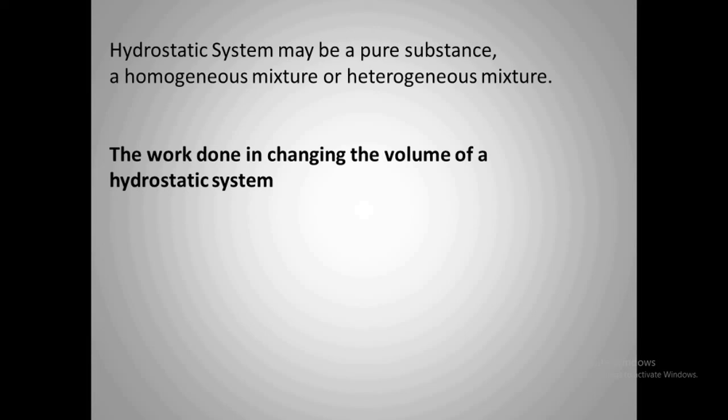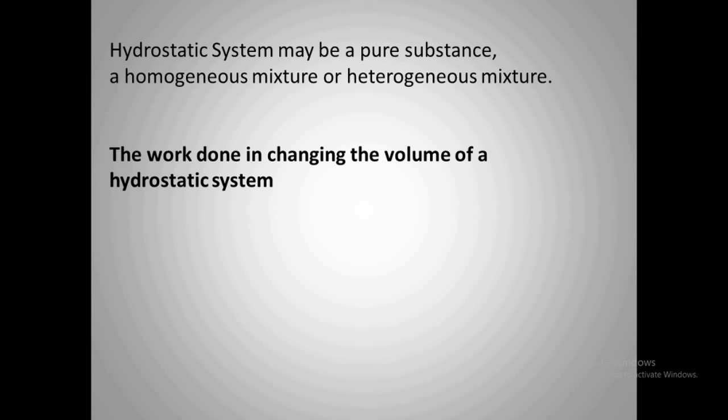A hydrostatic system may be a pure substance, or a homogeneous mixture, like two liquids or two gases, or a heterogeneous mixture. Heterogeneous mixture means a gas and a liquid, or a mixture of gases and a mixture of liquids combined together.